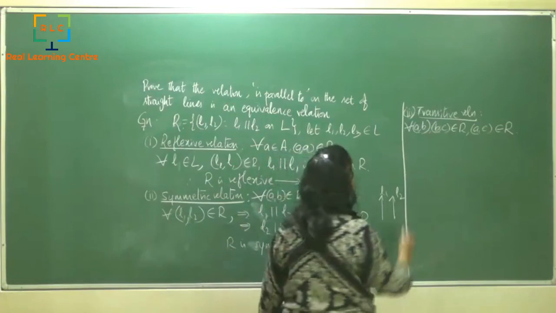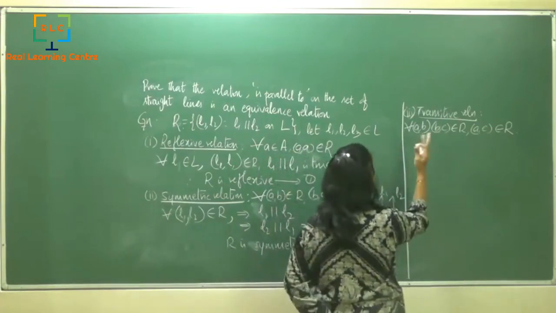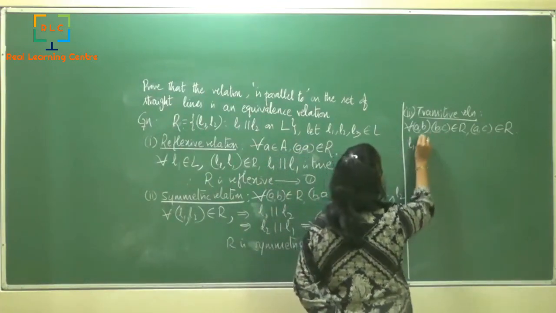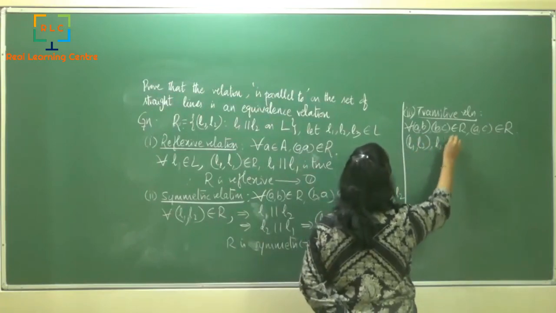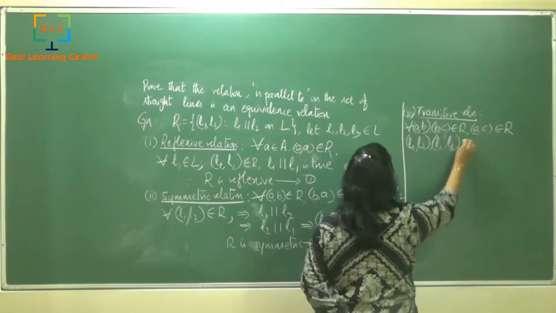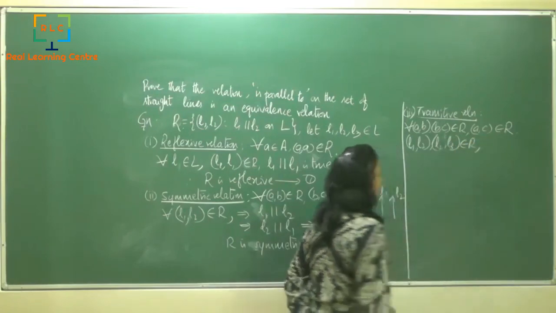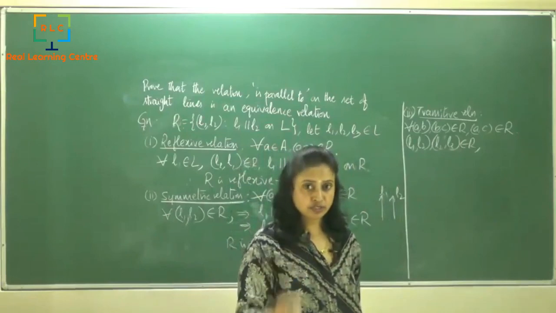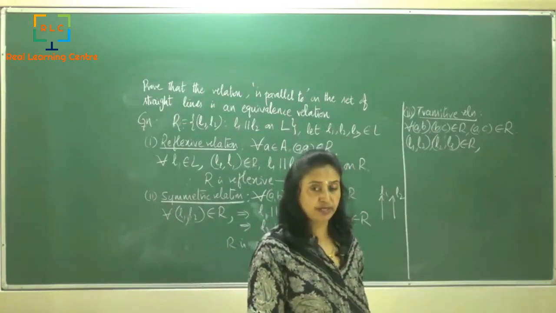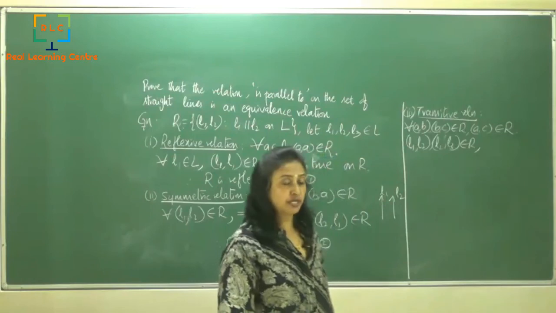So first of all, how many elements do I have to take? Three lines. For that I will take (L1, L2), (L2, L3) belonging to the relation. I am already taking two consecutive pairs of the relation R, whatever they have defined about parallelism between the straight lines.